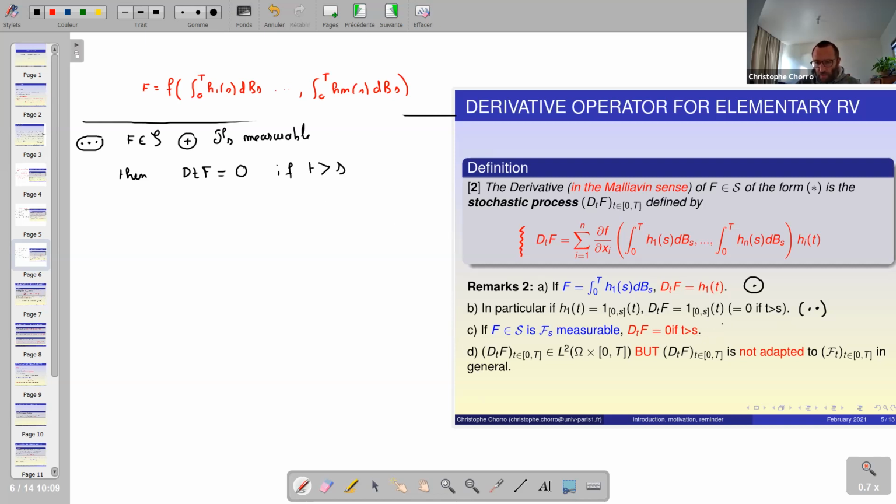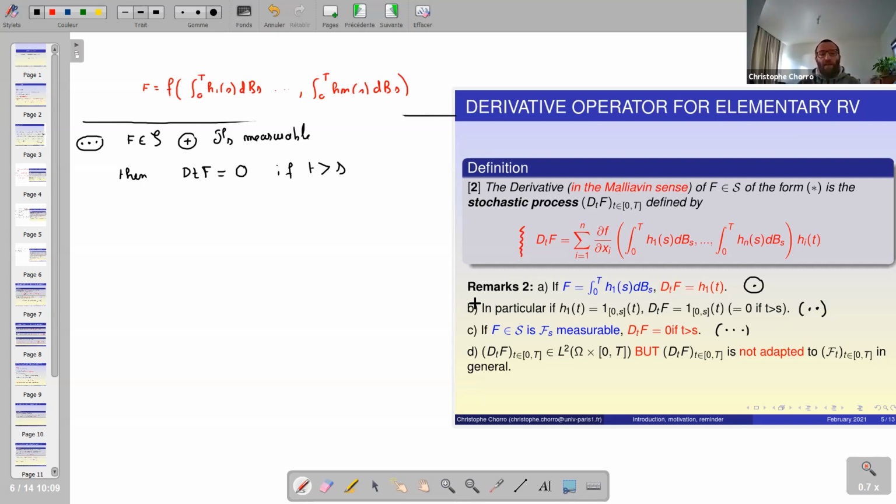So it's exactly the third remark I have written. In some sense, what you have here is a generalization of what I have proved for B_s in the previous part of the remark.